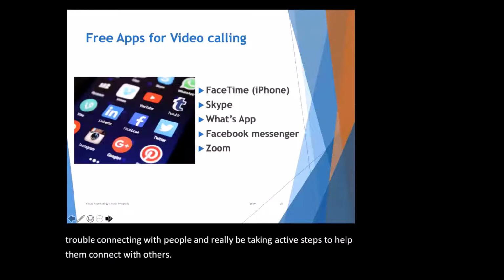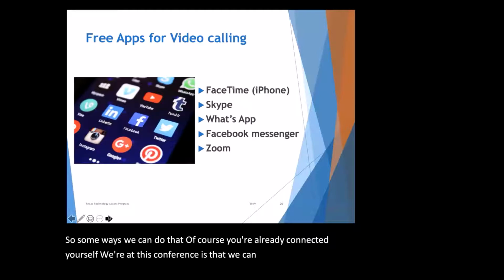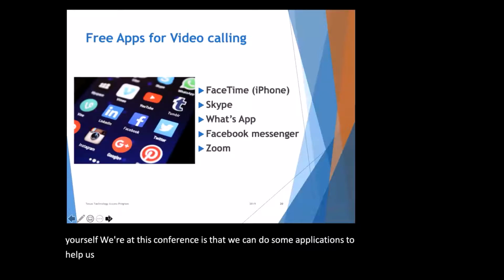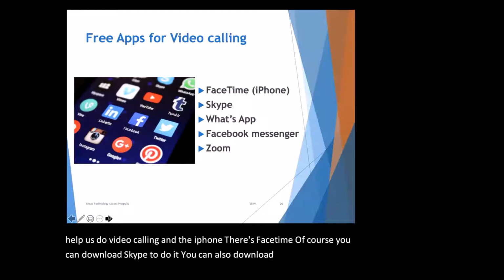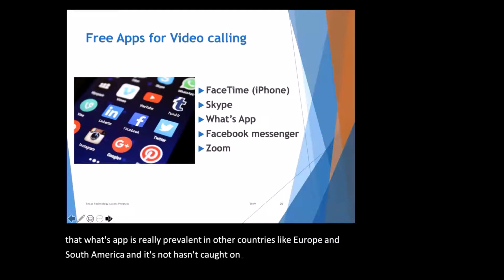So some ways we can do that, of course, you're already connected yourself, you're at this conference, is that we can use some applications to help us do video calling. On the iPhone, there's FaceTime, of course. You can download Skype to do it. You can also download WhatsApp. And I know that WhatsApp is really prevalent in other countries like Europe and South America, and hasn't caught on as much in the US, but it's getting there.